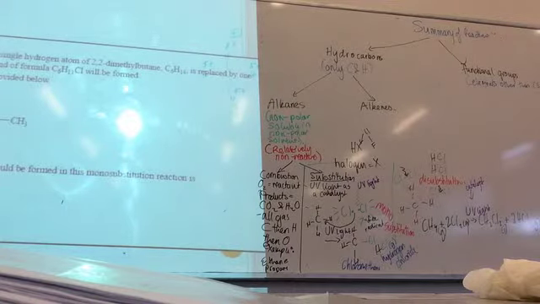It just says 2,2-dimethylbutane, a hydrogen atom is replaced by one chlorine. That's a mono-substitution reaction. No, how many different types of compounds could be formed by this mono-substitution reaction?